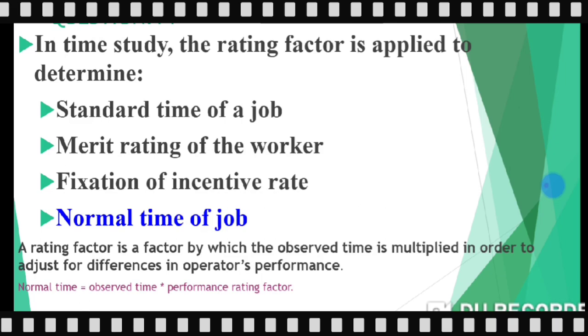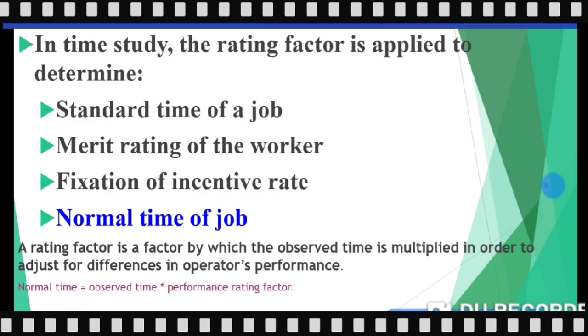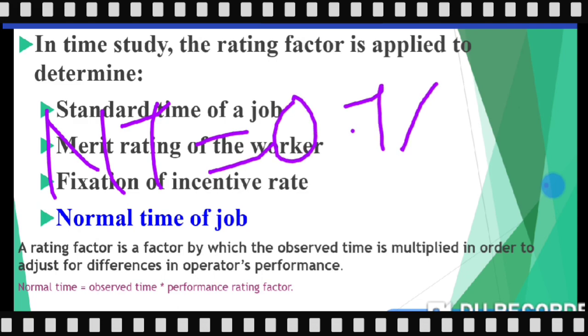In time study, the rating factor is applied to determine the normal time of a job, and we know that we have a formula: normal time is equal to observed time into rating factor. And why do we use the rating factor?